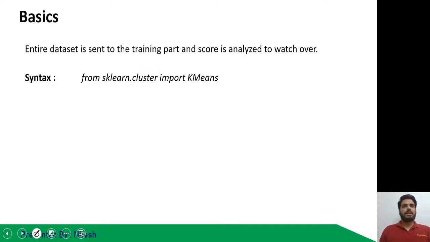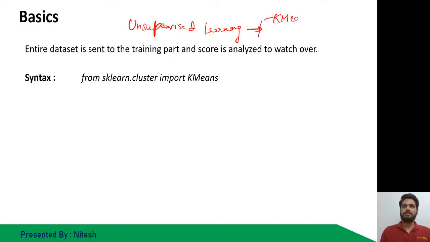So guys, K-means is a procedure that we use for the clustering process. Clustering is used for unsupervised learning. For unsupervised learning, we have the clustering process, and here we can work with K-means, which is very popular.